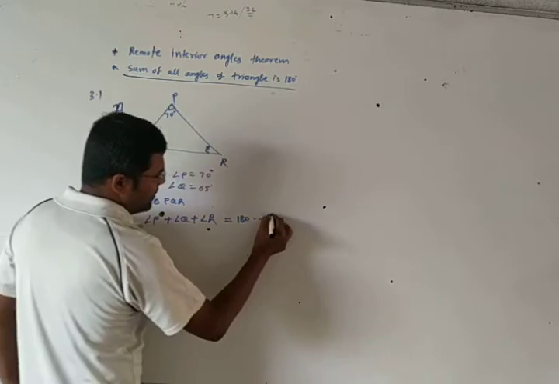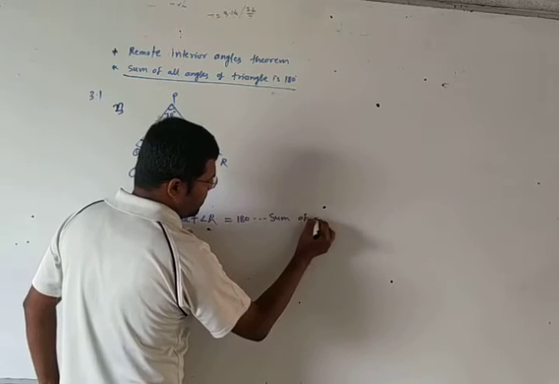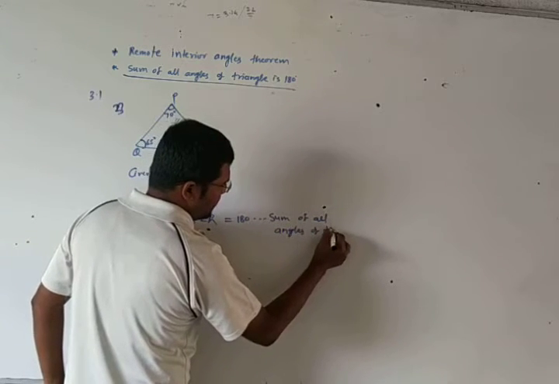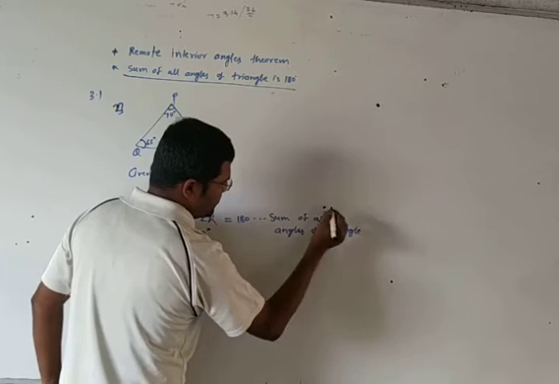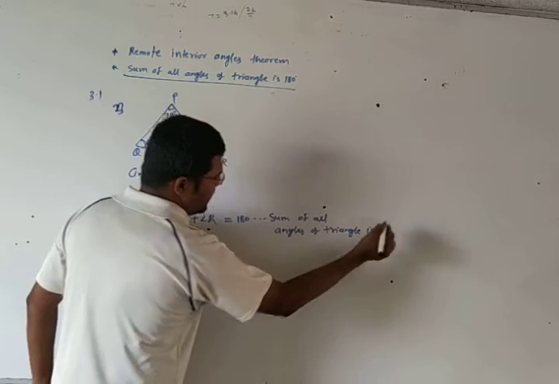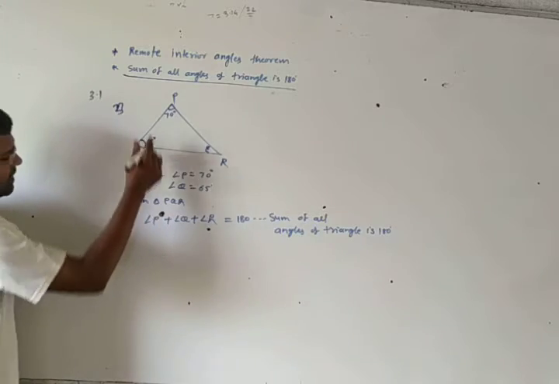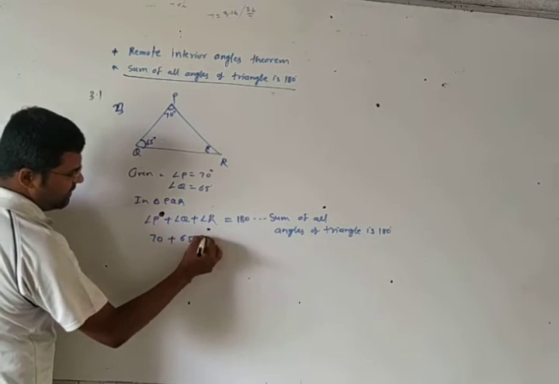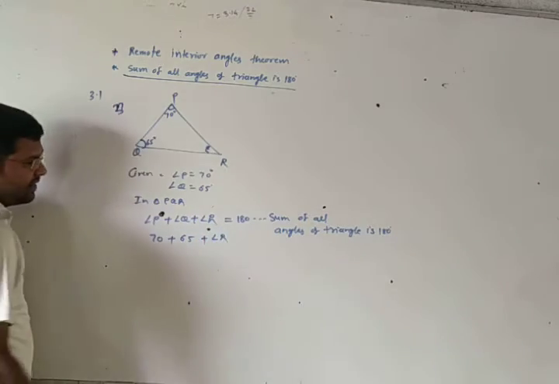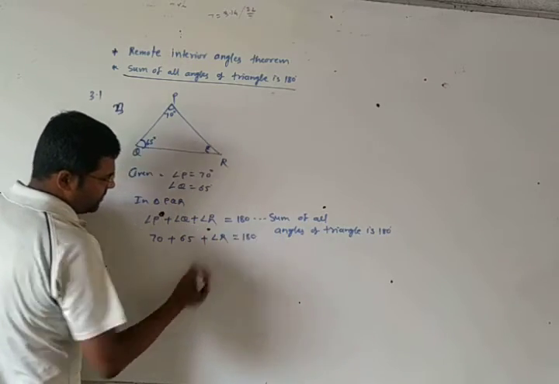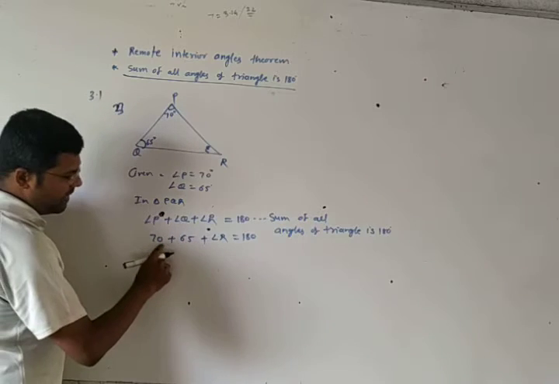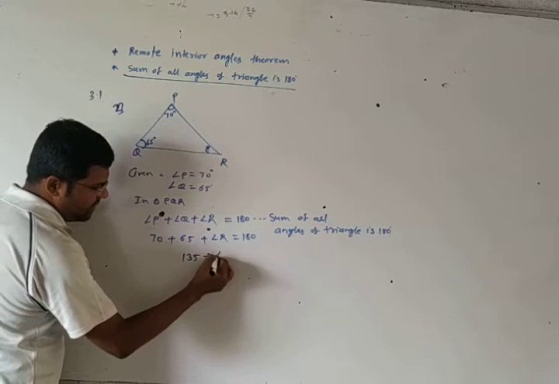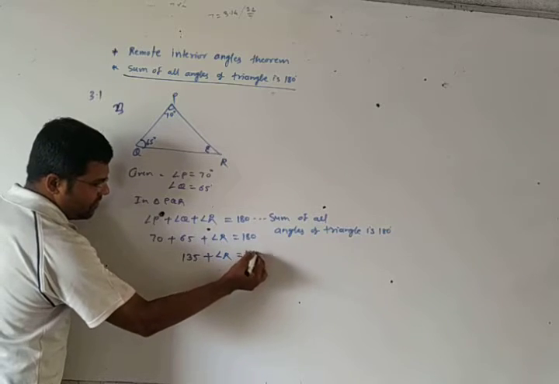So the sum of all angles of a triangle is 180 degree. Now P is given 70 plus Q is given 65, and R is to be found, equal to 180. 70 plus 65 is 135, plus angle R is equal to 180 degree.